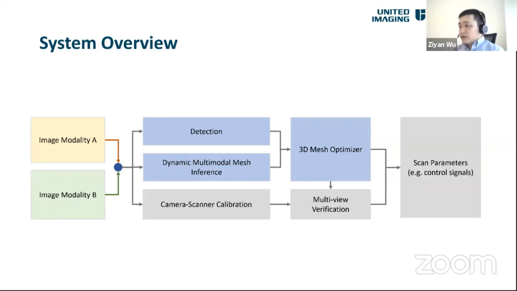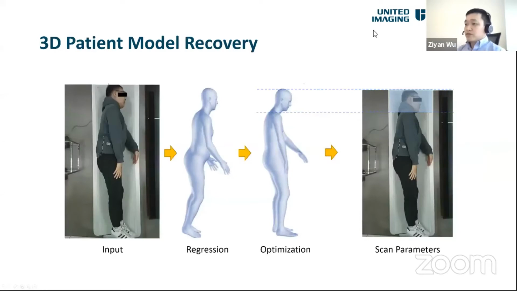Once we get the multimodality data, we conduct detection and dynamic multimodal mesh inference to get the body shape and pose parameters of the patient, followed by a 3D mesh optimizer to fine-tune the parameters we obtain. And this is an illustration of the process.